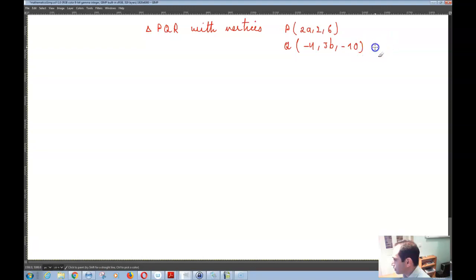So the origin, so you have this triangle PQR with vertices P, which is 2a, 2, 6, Q, which is basically -4, 3b, -10, and we have also another point R, which is 8, 14, 2c.